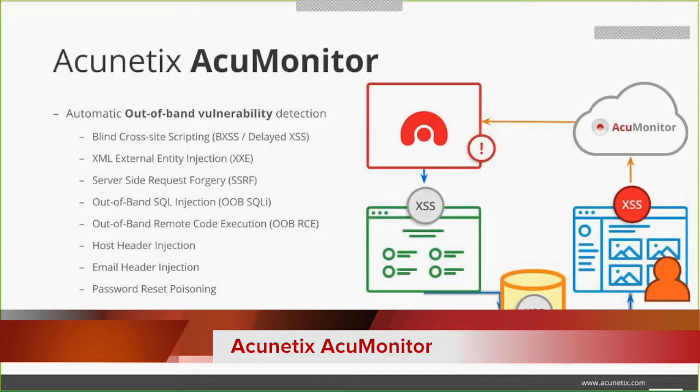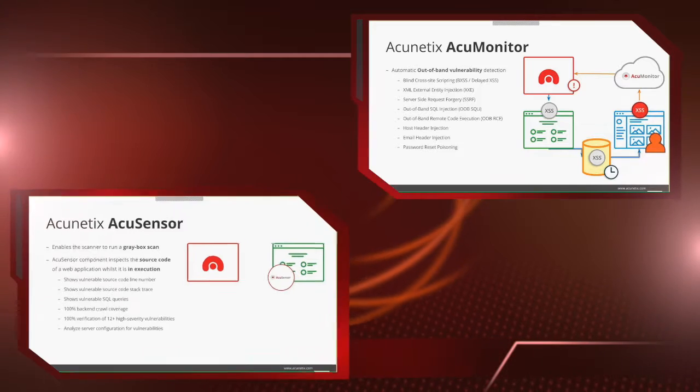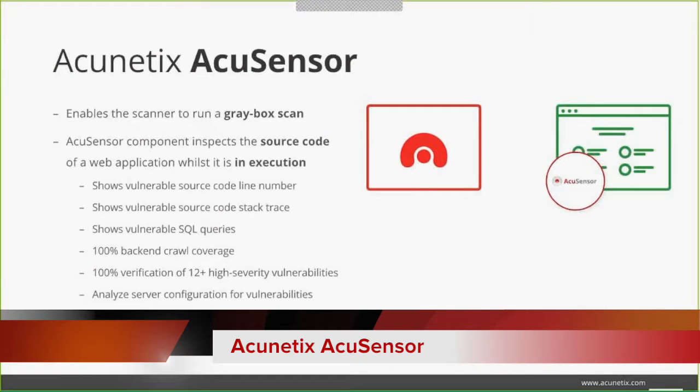Here is how it works from end to end. You've got Acunetix working on cross-site scripting. AcuSensor is the gray box scan innovation I was talking about earlier. What it basically does is it grabs Acunetix's black box scanning tech. Black box scanning would be running code dynamically, after the code has been executed. Static would be running a scan on the base code before that code has been executed.